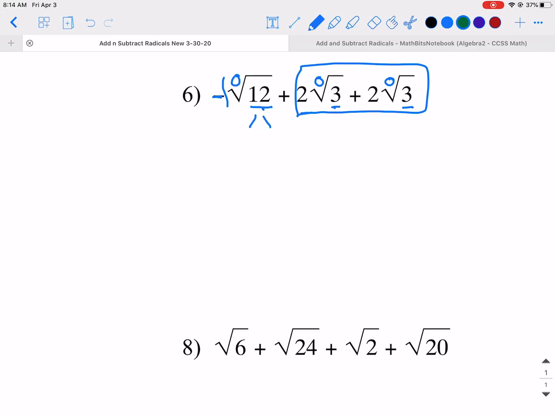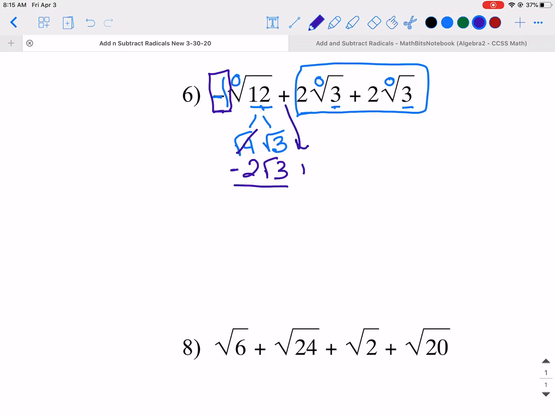And if I'm thinking about it, I know a perfect square that goes into 12. You get 4 times 3. What is the square root of 4? 2, radical 3. So is there a number outside? Well, technically there's a negative 1 there. So negative 1 times 2 is negative 2 radical 3.